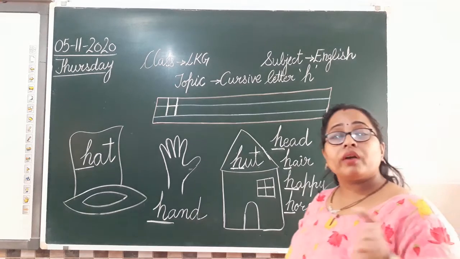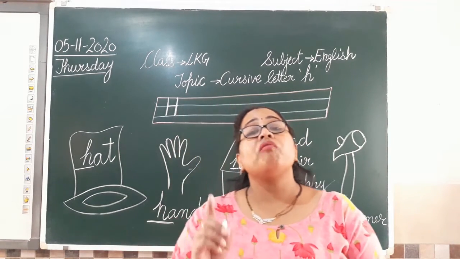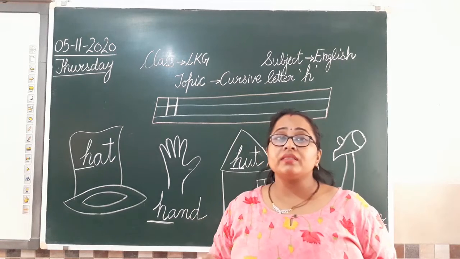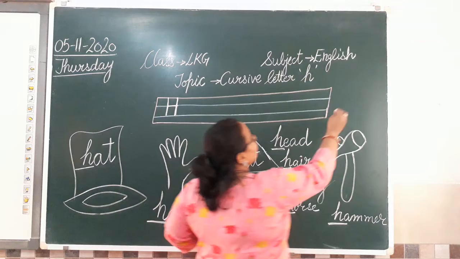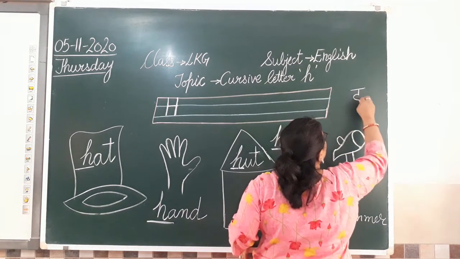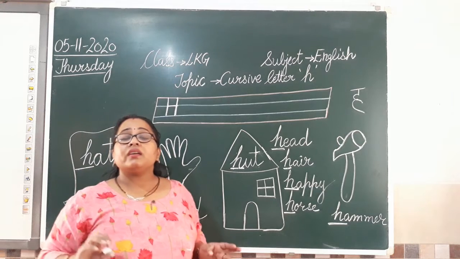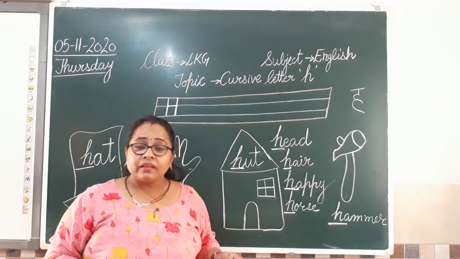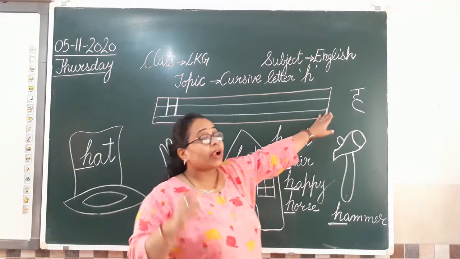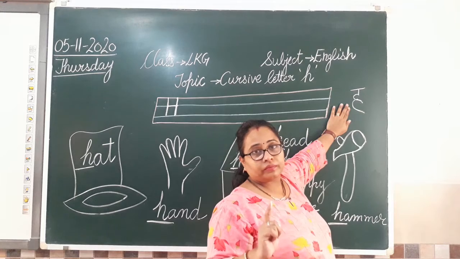So what we have understood? We have understood that the sound of alphabet H is her. So what is the sound of alphabet H? It is her. You all must have learned her se hathi, her se hal in your Hindi class, isn't it? So this is that her is the sound of alphabet H.